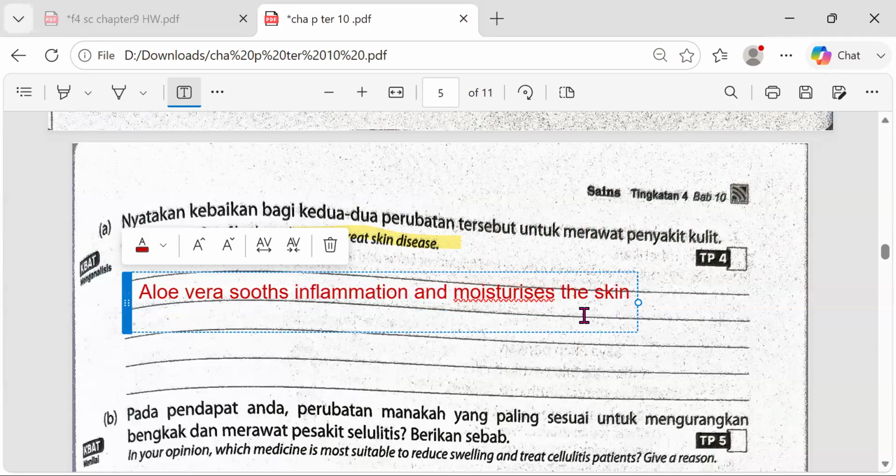Antibiotics will kill the bacteria causing it.